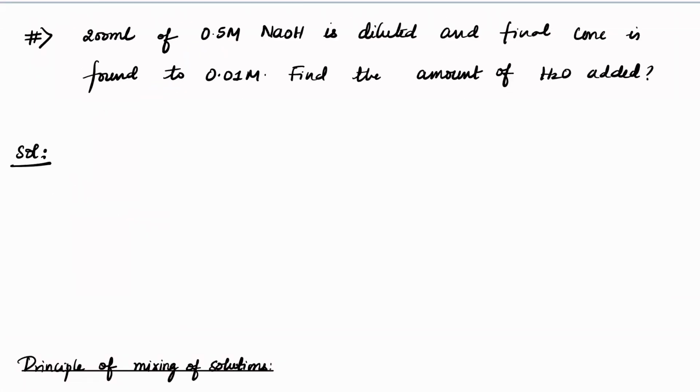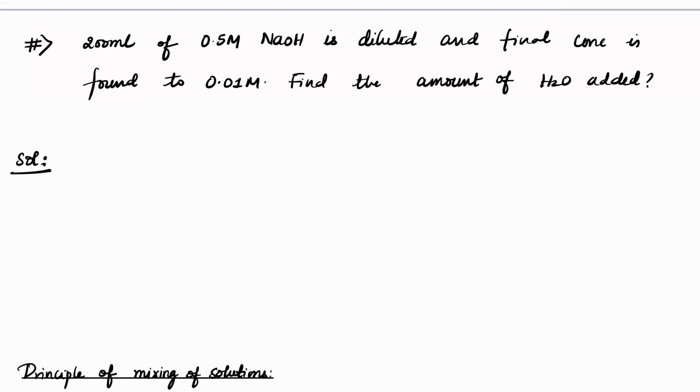Notice it. If you have 200 ml of 0.5 molar NaOH, it is diluted and the final concentration is found to be 0.01 molar. We need to find out the amount of water added. So initially M1 given is 0.5, M2 given is 0.01, V1 given is 200 ml.